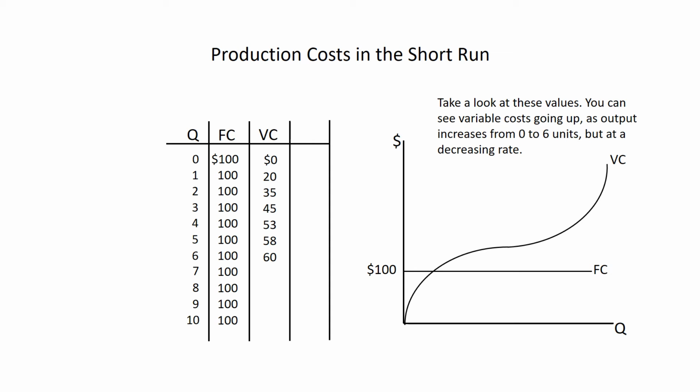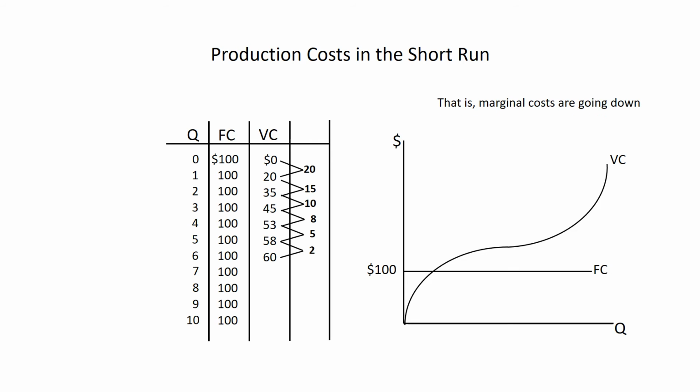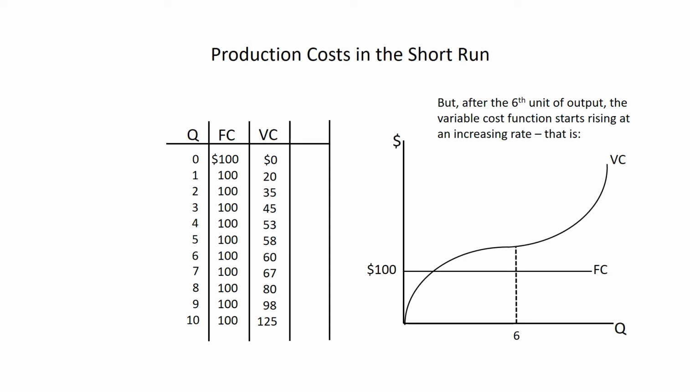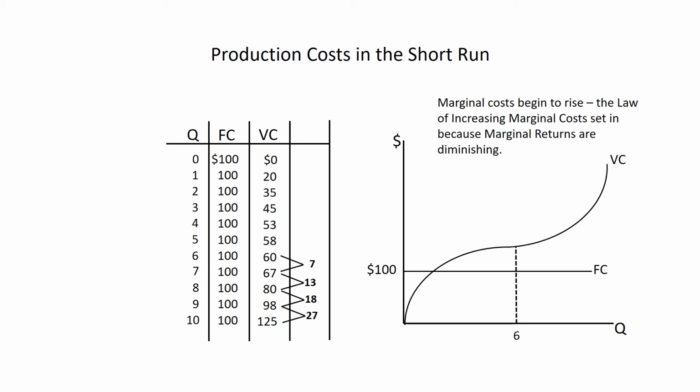You can see variable costs are going up as output increases from 0 to 6 units, but at a decreasing rate. That is, marginal costs are going down. But after the 6th unit of output, the variable cost function starts rising at an increasing rate. That is, marginal costs begin to rise.